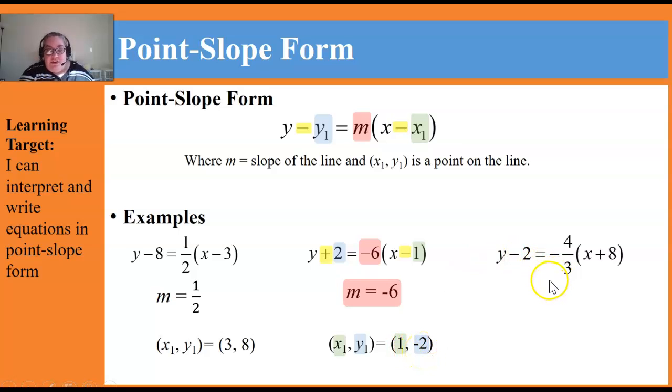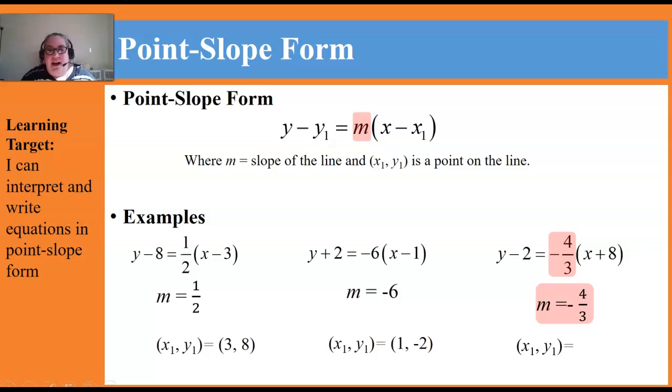If you want, you can pause the screencast and find the slope and the point on the line of this last one. I will be going through the correct answer in a moment. So our slope is just -4/3. For our x1, y1, remember in our model we're expecting subtraction. In our example we have addition.